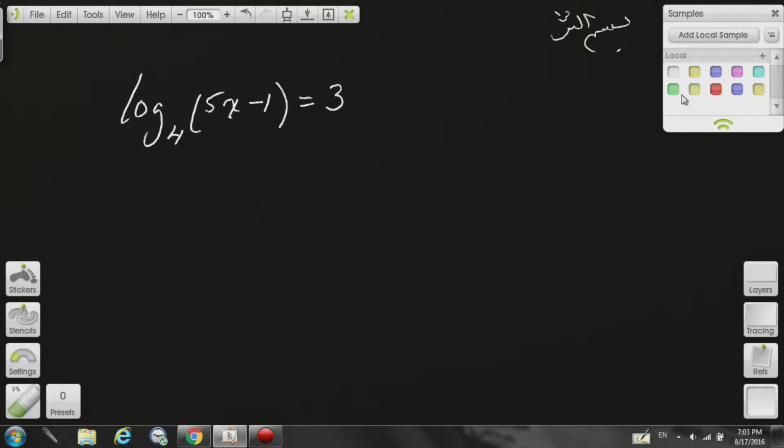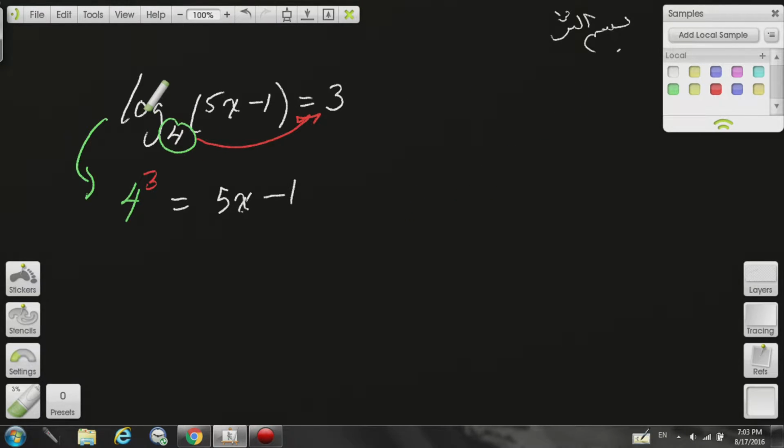How do we solve this? Well, this one you have to change into exponential form. See? If you put this into exponential form, the base is 4, 4 to the exponent 3 equals 5x minus 1. Okay, right?